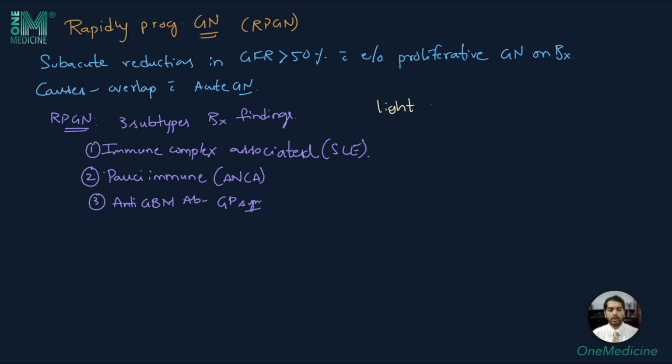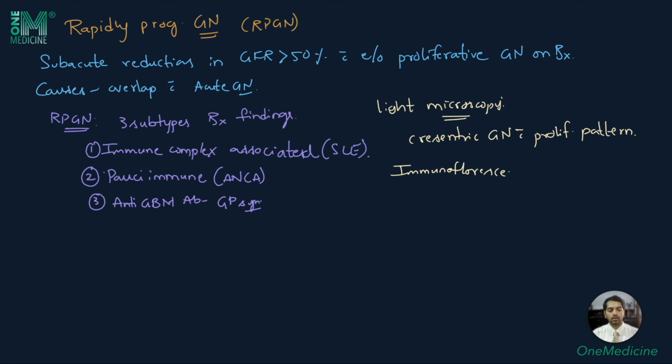On light microscopy, all 3 subtypes have crescentic glomerulonephritis with a proliferative pattern, but their characteristics vary in immunofluorescence and electron microscopy.